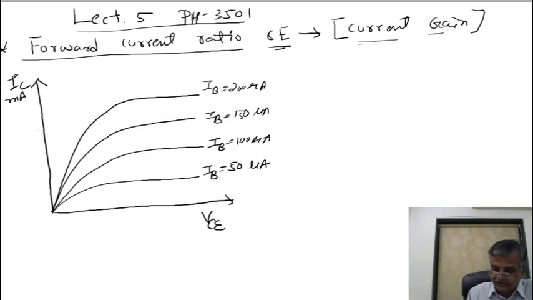For this, the collector current at this point is 7.5 milliampere. For this, the collector current is 5 milliampere. Not necessary you should remember this data.